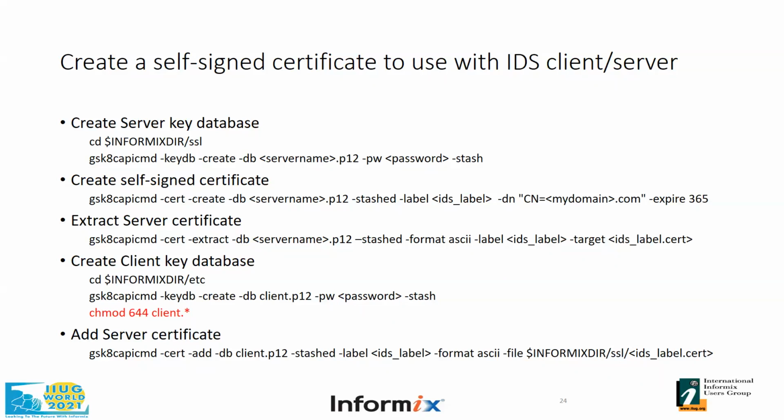Okay, so these are the simple steps: creating a self-signed certificate, putting it in the client file. And I might add that if your client is not local to your server machine, you can just copy the client P12 and copy the client STH file to the Informix etc directory on any client machine. Okay.